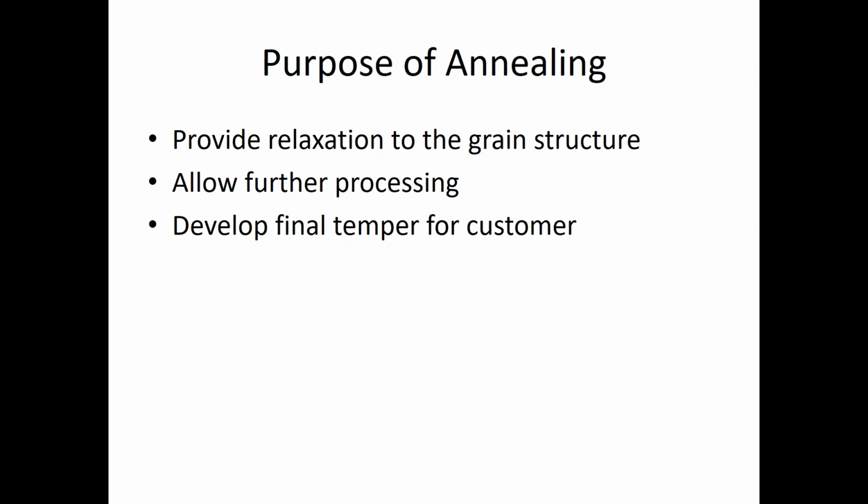If you don't do this, many times you can't get to the temper you want or the size you want because the metal has gotten strong enough that it resists rolling. And you may want to develop a final temper, and a dead soft temper is produced in the annealing furnaces.